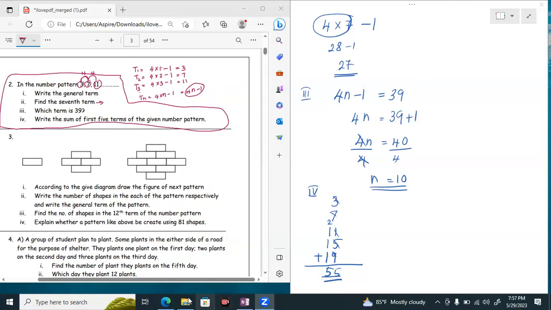Yes, how many? Then how do we identify? How many bricks should be drawn for the next number pattern? Can we identify it by adding any number? No. As a multiple? No, because here the 3 is more than the previous one, and here 6 is more than the previous one.